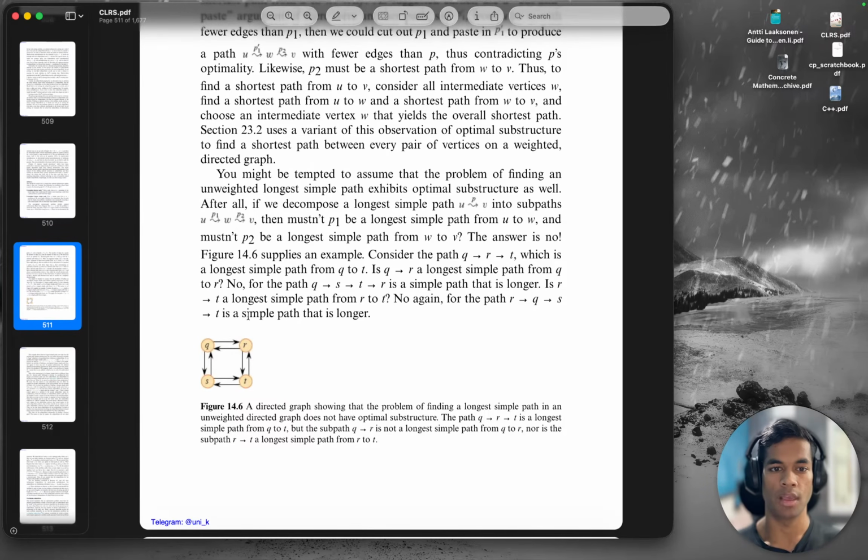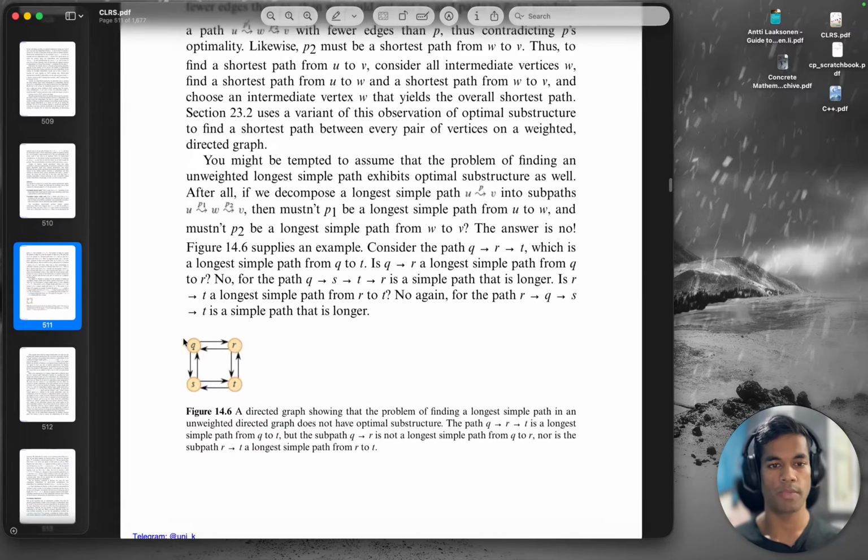Is this path from R to T the longest simple path from R to T? Nope. The longest simple path would be from R to Q to S to T, which is a simple path that is longer.